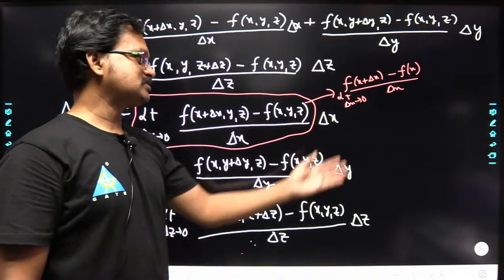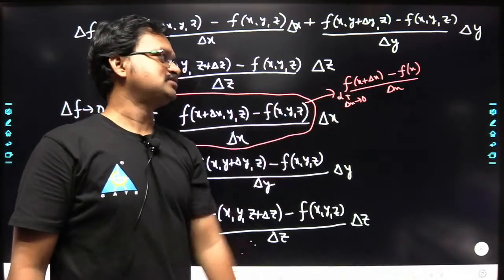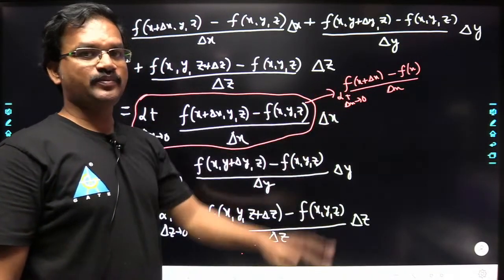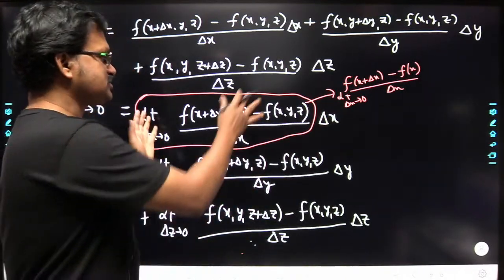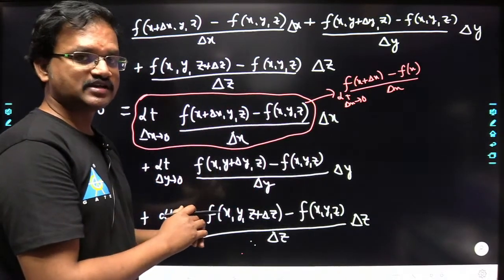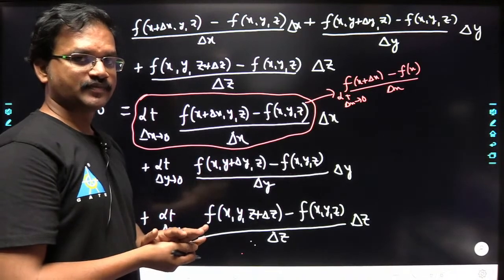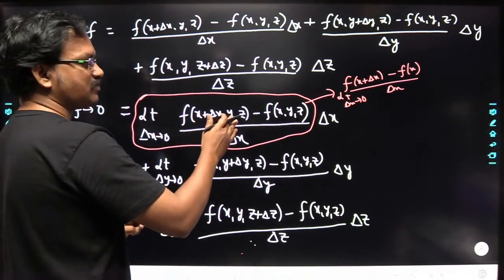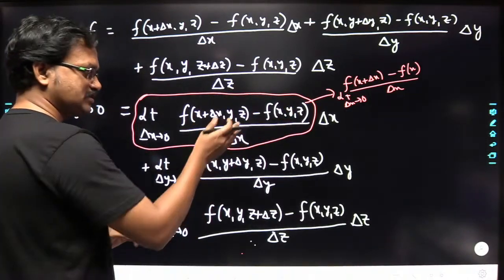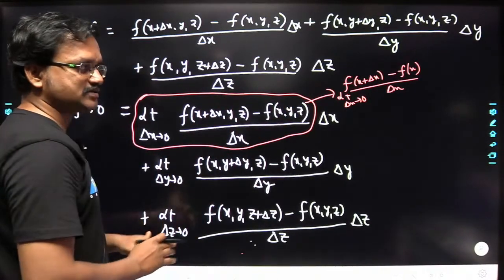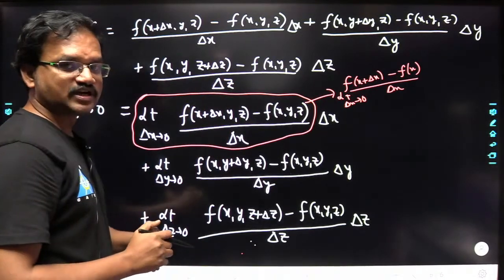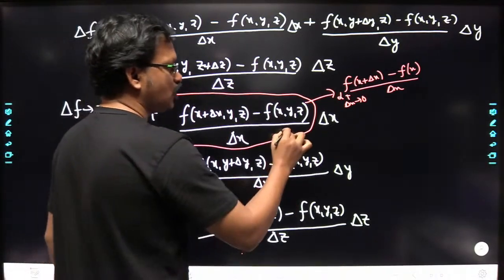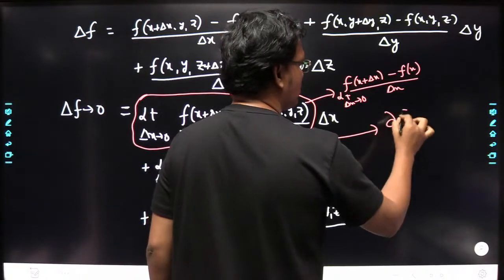So I can simply represent f of x plus delta x minus f of x by delta x as limit delta x tends to 0. So this can be represented as dou f by dou x, or not? Yes or no here? As limit delta x tends to 0, f of x plus delta x comma y comma z minus f of x comma y comma z divided by delta x can be represented as dou f by dou x.